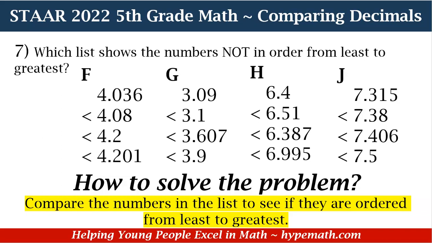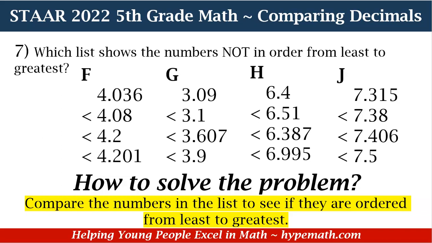Now in looking at the tenths place, we can see that we have zeros and twos, which means that we need to move over one more place value, which is the hundredths place, and we're going to start with our top 2 numbers. Both of the numbers have a 0 in the tenths place. Now we just need to zero in on the hundredths place to see if it's ordered from least to greatest. Since 3 is less than 8, we know that those 2 numbers are correct, okay?